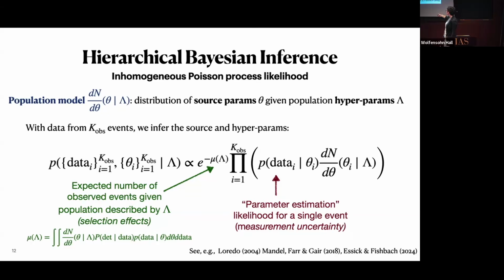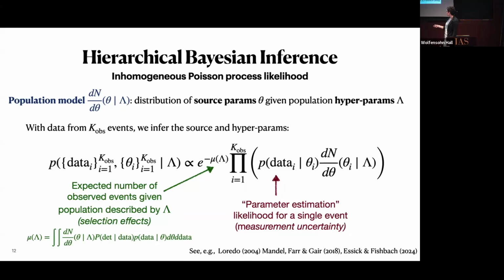And so you just have a term like this for every data I and theta I in your set of observed events. You multiply them all together, and then you have this exponent term where the expected number of events is similar to what we had before. I've expanded it out a bit here.